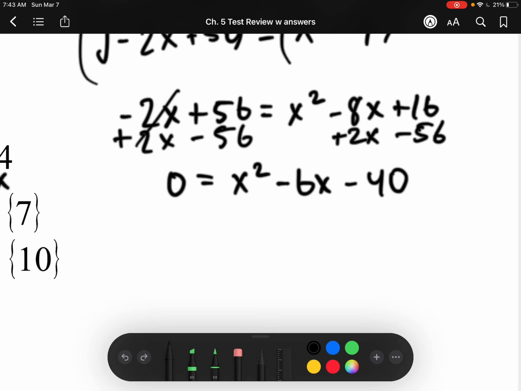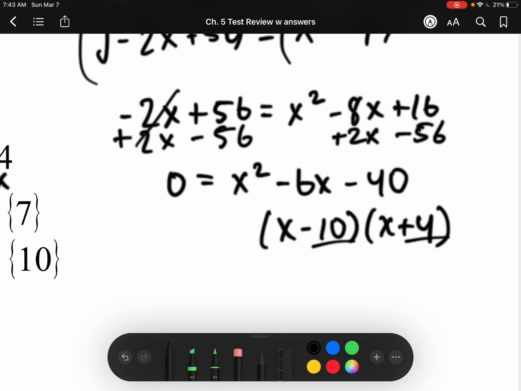So the multiples of 40: 10 and 4, right? Negative 10 times positive 4 is negative 40, and then negative 10 plus 4 is negative 6, right? So the factor form here is x minus 10, x plus 4, right? Negative 10 times 4 is negative 40. Negative 10 plus 4 is negative 6.